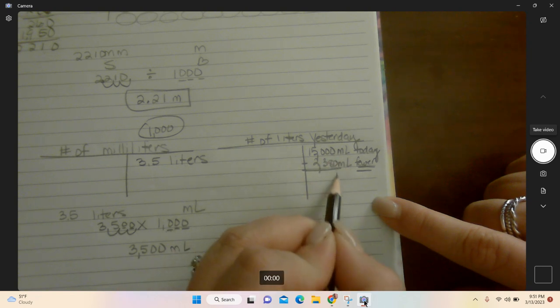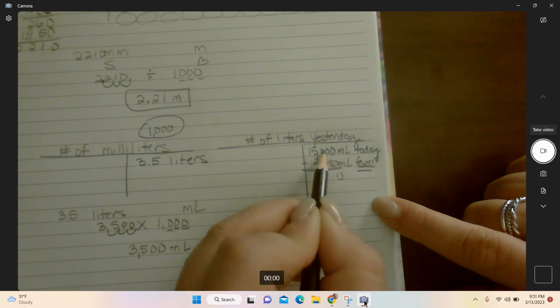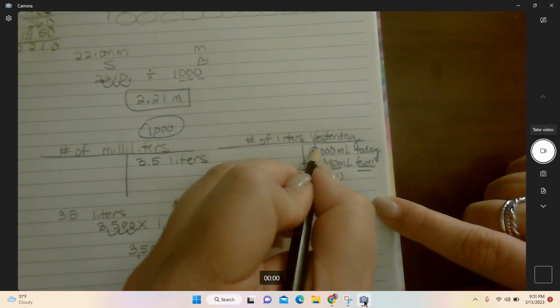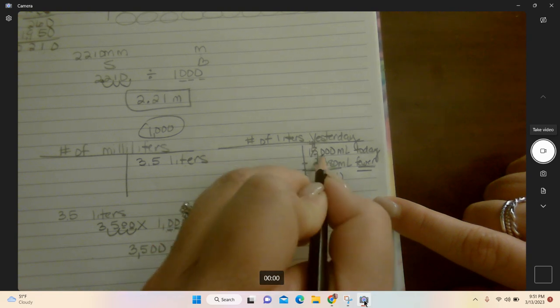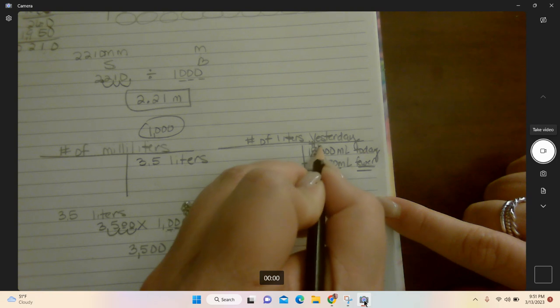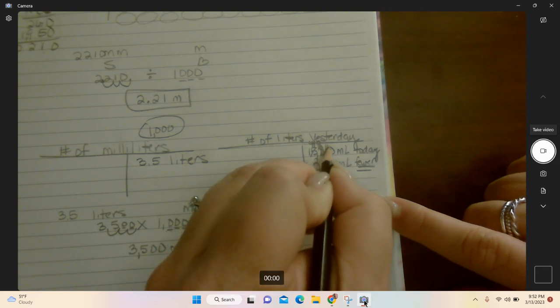0 minus 0 is 0. 0 minus 8, I can't do it. Go next door, can't borrow from that, but I can borrow from the 5. 5 becomes a 4, and that's a 10, and now I can borrow away from that and make it a 9, and then this is a 10.